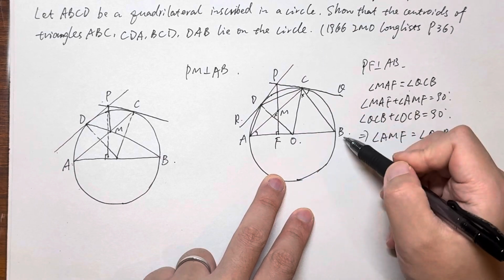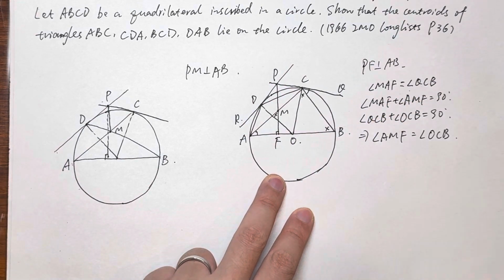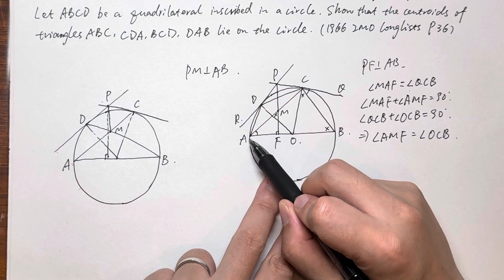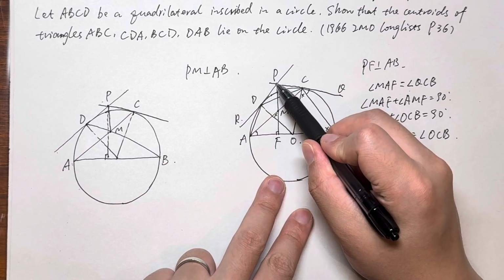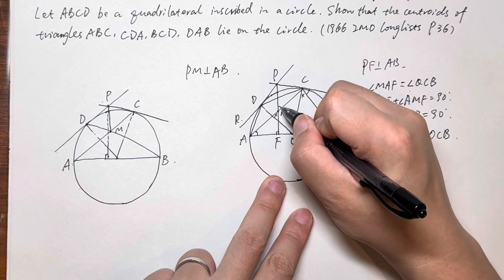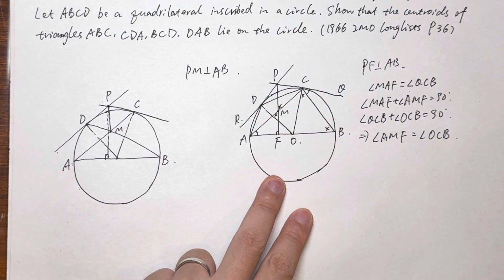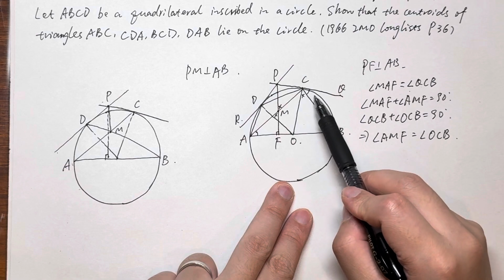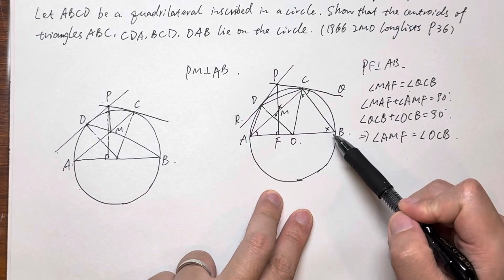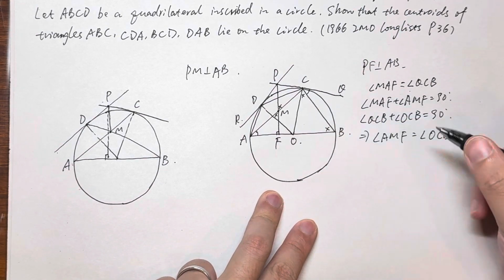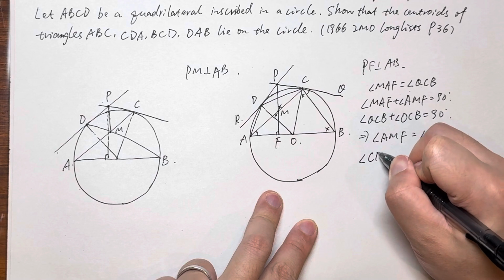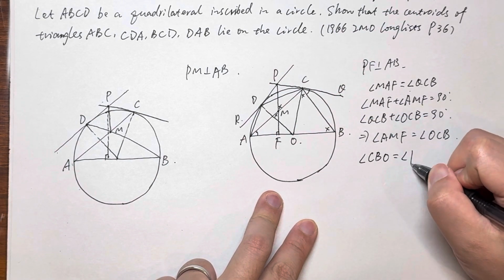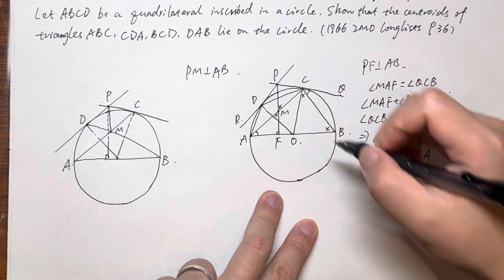And we know that OC equals to OB, so it equals to this one. And we also know angle AMF equals to angle PMC, so it equals to this one, right? And because PC is a tangent line of the circle O, so we know that angle CBO or angle OBC equals to angle PCA, right?